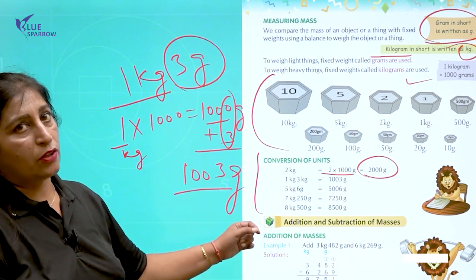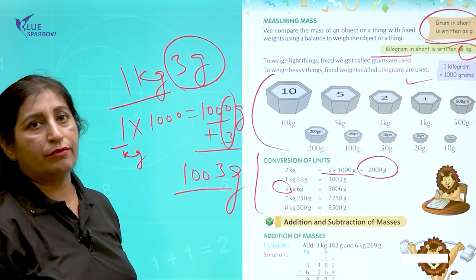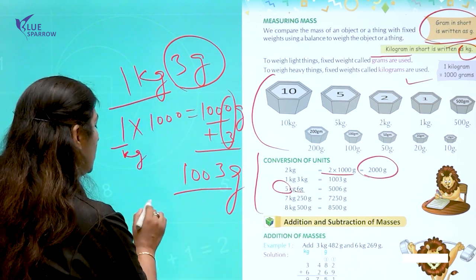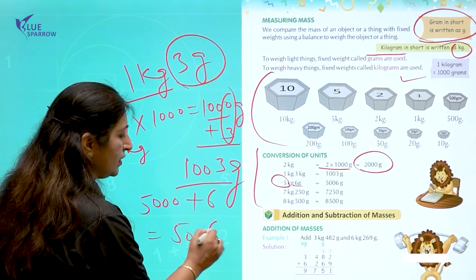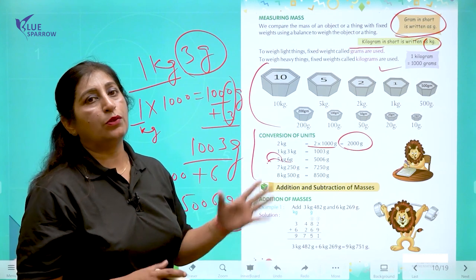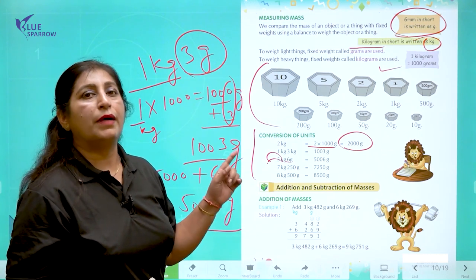To convert 5 kilograms and 6 grams, we would firstly multiply 5 with 1000. We would get 5000 and then we would add 6 to it. Then 5000 plus 6 gives us 5006 grams. Now we are to convert 7 kilograms and 250 grams into grams. Firstly, we would multiply 7 by 1000.